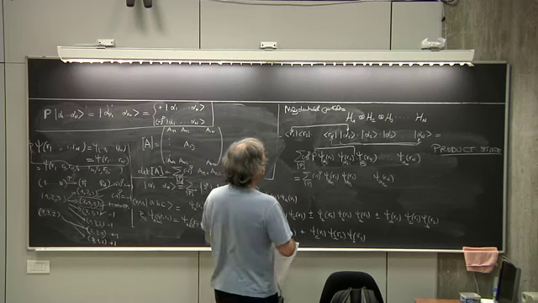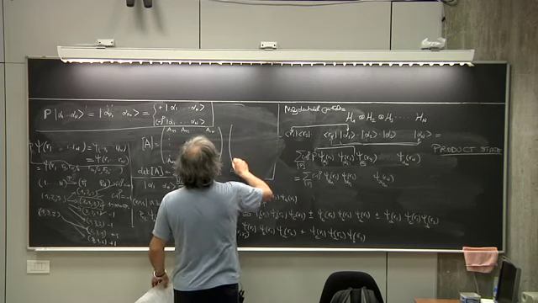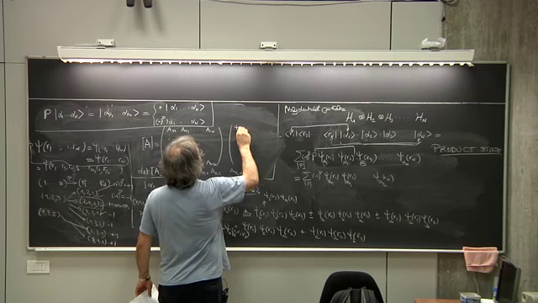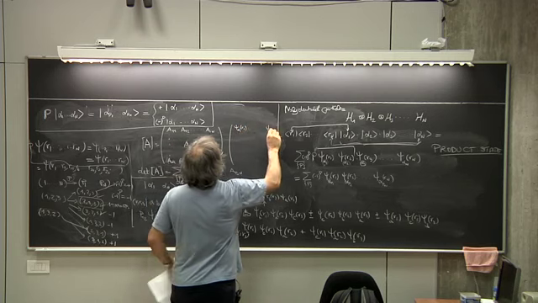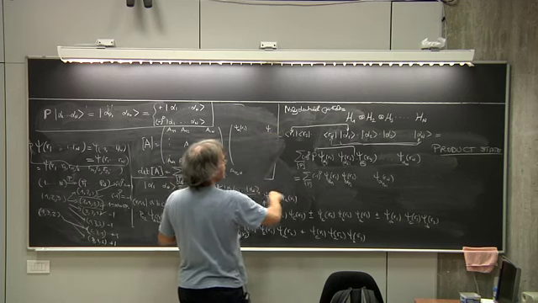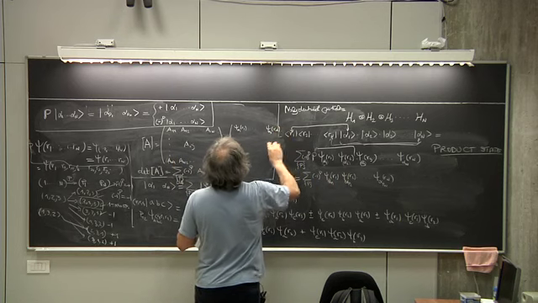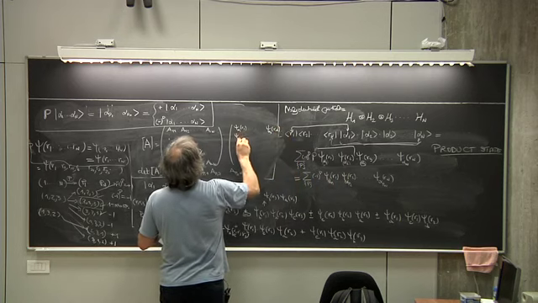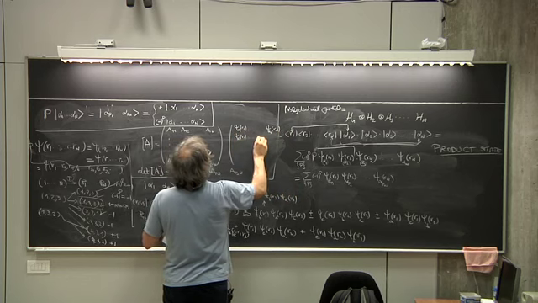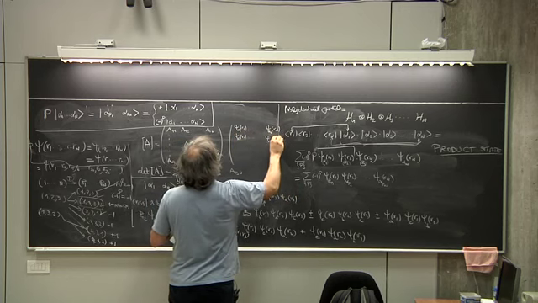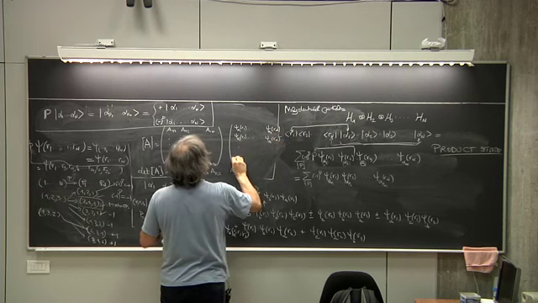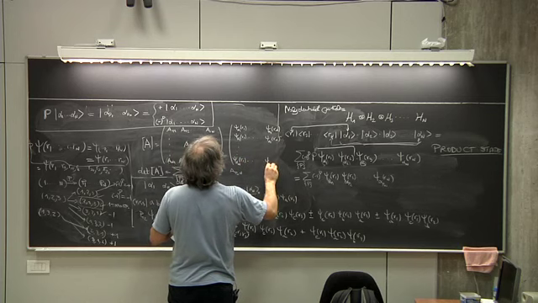If I make a matrix, which is psi alpha 1 R1, psi, for instance, alpha 1 Rn, psi alpha 2 R1, psi alpha 2 Rn, psi alpha n R1, psi alpha n Rn.